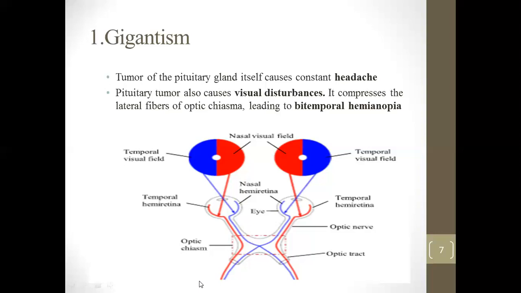So here it will cause the temporal region damage. So there will be the bitemporal hemianopia and half of the visual field will be damaged here due to the pituitary tumor. So in this slide, we'll study the visual disturbances, and these visual disturbances are due to the pituitary tumor. Okay.